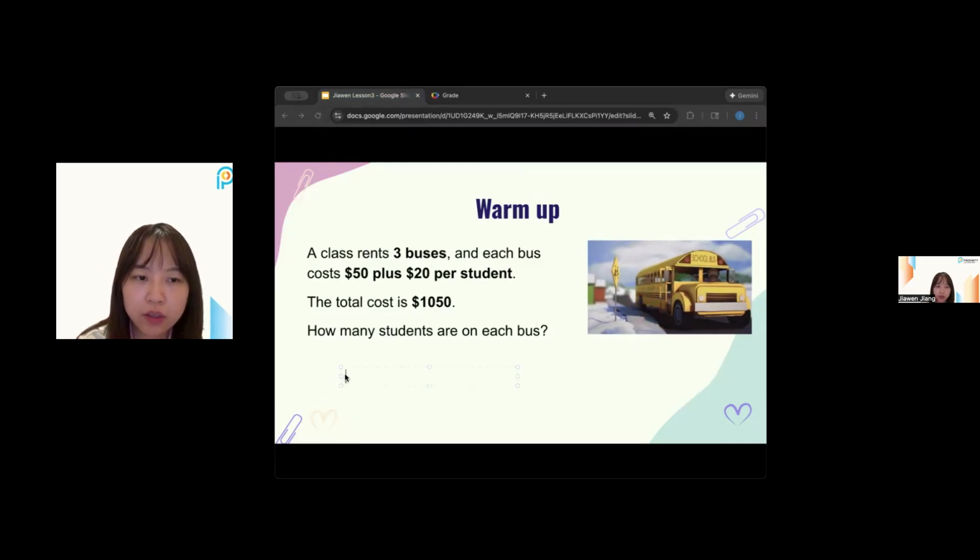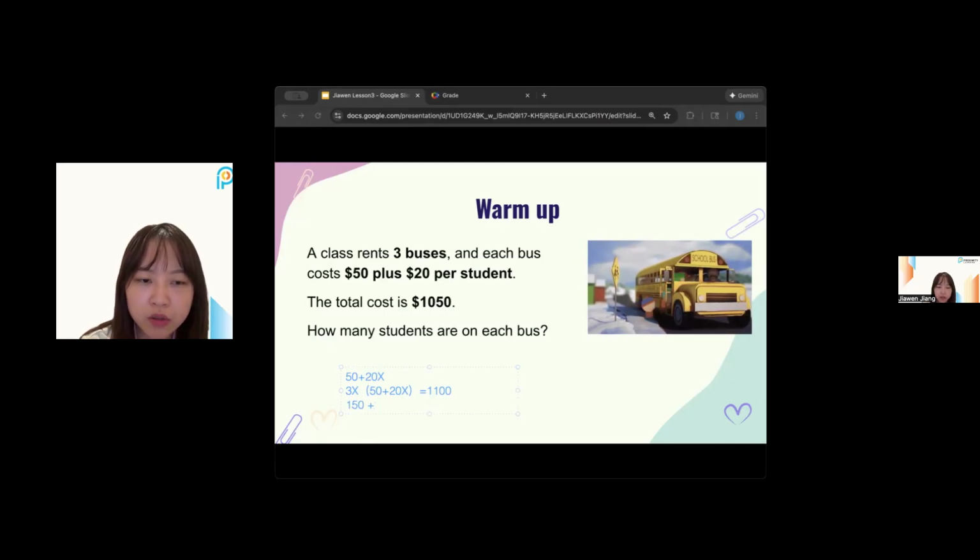Let's write down the equation: 50 plus 20x. Since there are three buses, we use 3 times (50 plus 20x), because 50 plus 20x is the cost of one bus, and that equals 1100. Let's distribute, so we get 150 plus 60x equals 1100.